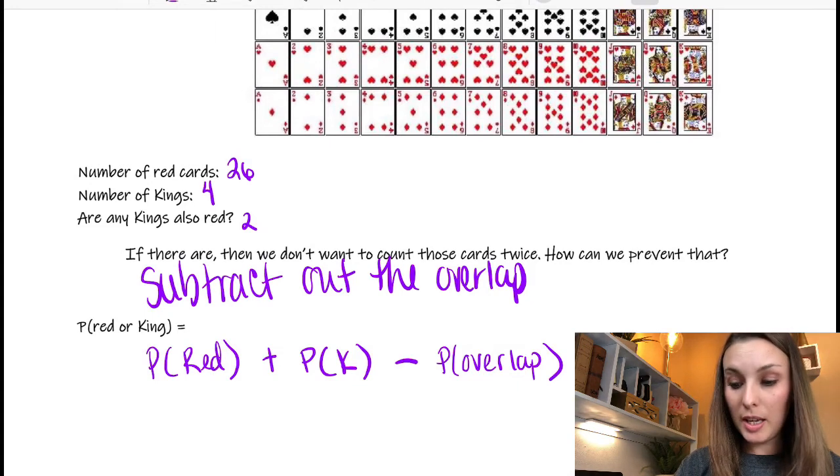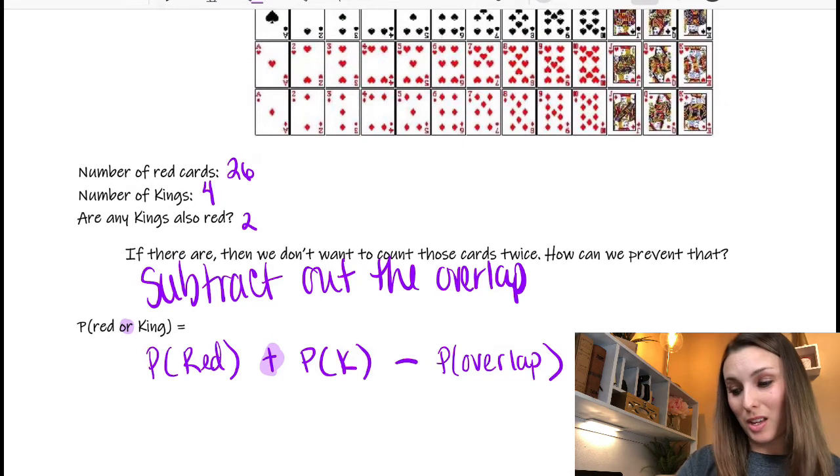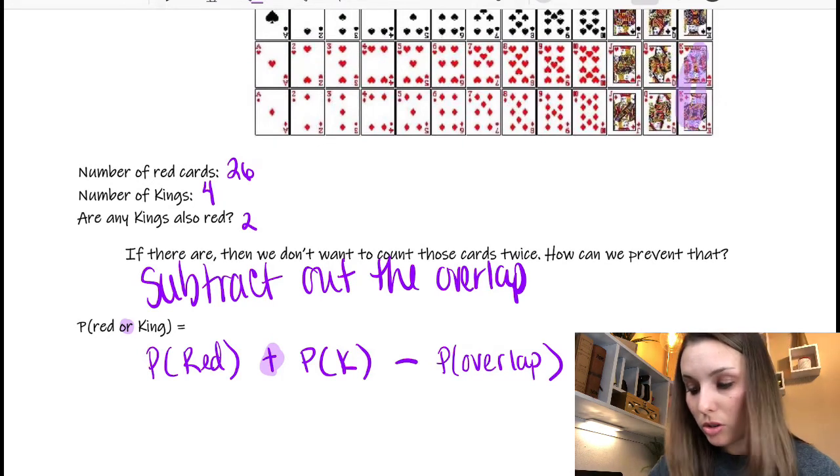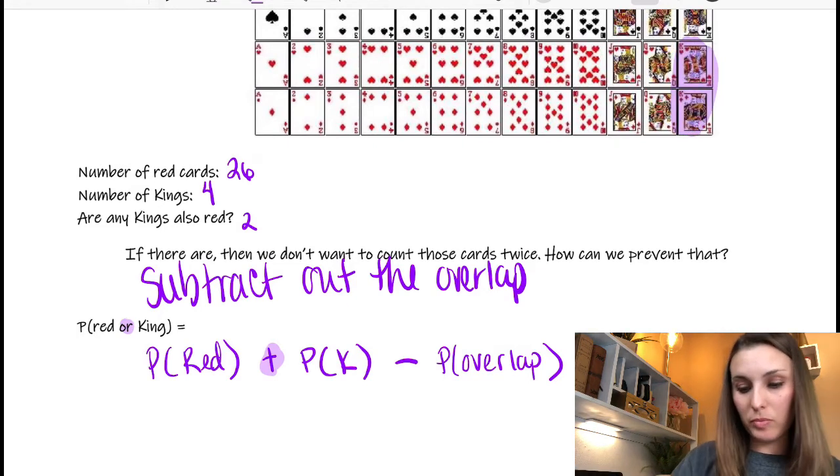So you can see that this or translates to addition because it's a union, but I have to subtract out these two cards that are red kings. So this overlap, those are the red kings.